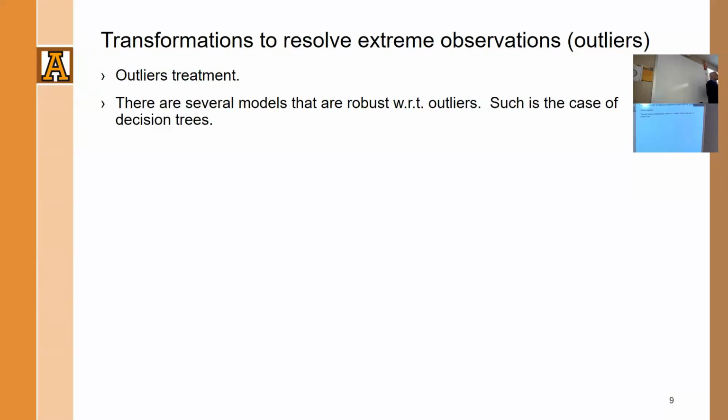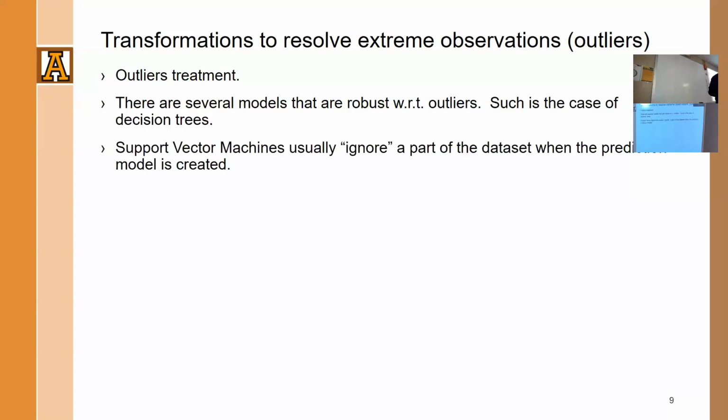If we have a model that's robust against outliers, we don't have to worry much. Like decision trees, all classification trees are robust to outliers. But support vector machines are not robust.